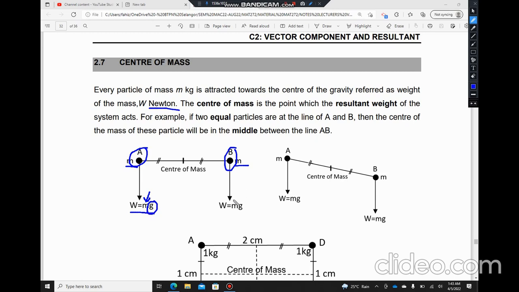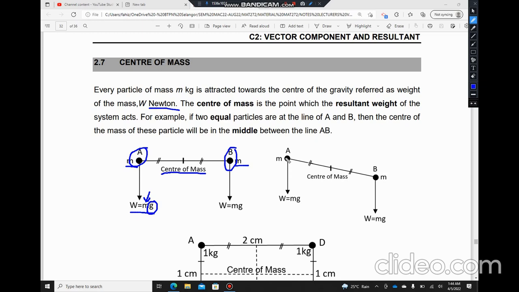Okay, same with B. So dekat tengah-tengah ni, if two equal particles are at line A and B, then the center of mass of these particles will be in the middle. So center of mass ataupun pusat untuk mass tu berada tengah, so dia membahagi nilai yang sama antara A dengan B. Okay, same with figure 2.